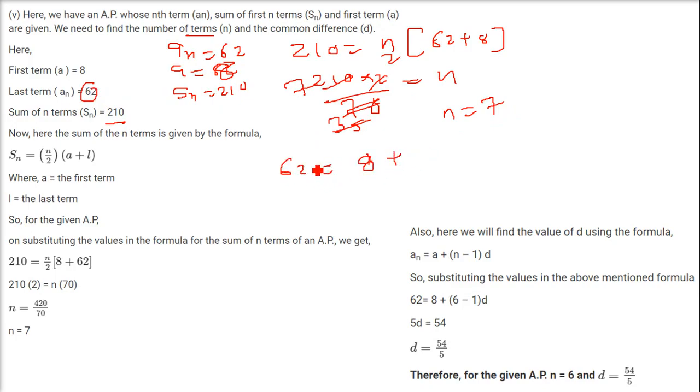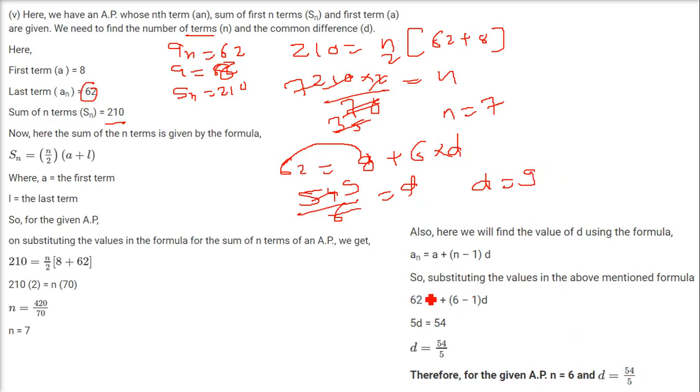Now the nth term is given as 62, so we can write 62 as a plus n minus 1 into d, where a is given as 8. n minus 1 is 7 minus 1, so 6 into d, which we don't know. 62 minus 8 is 54, divided by 6, we get d. 6 9s are 54, so d is 9. You don't have to do this separately.